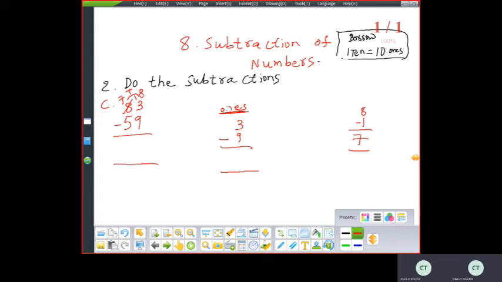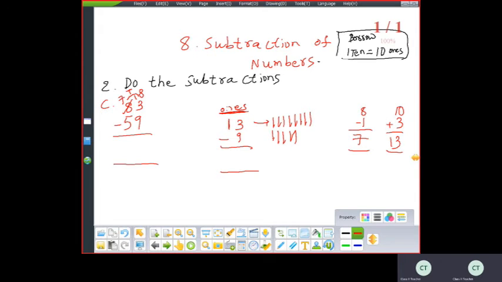In ones already 3 ones are there and more 10 ones. 10 plus 3, 13. Now this is 13. Now subtraction on 1, 13 minus 9. 1, 2, 3, 4, 5, 6, 7, 8, 9, 10, 11, 12, 13.